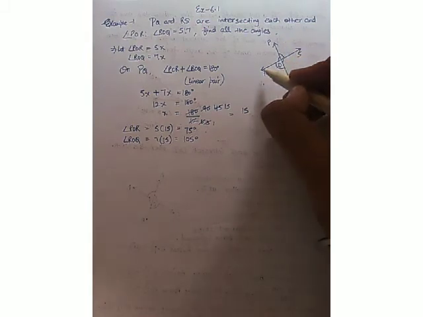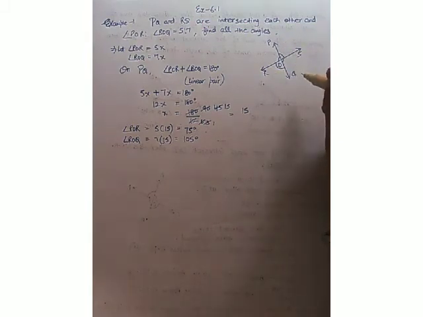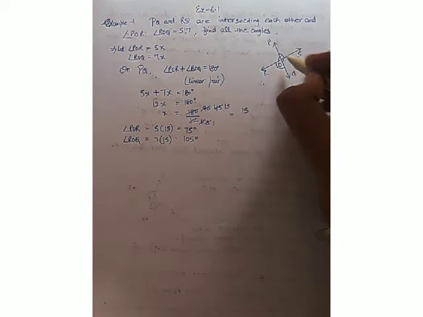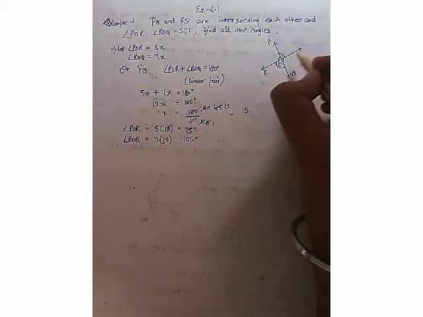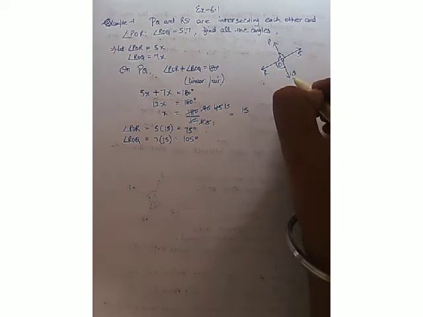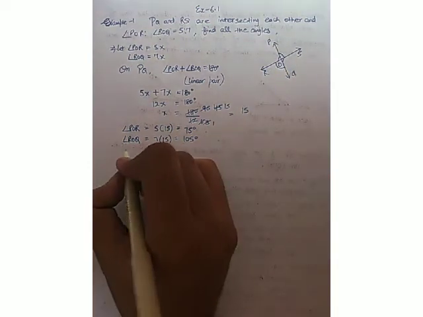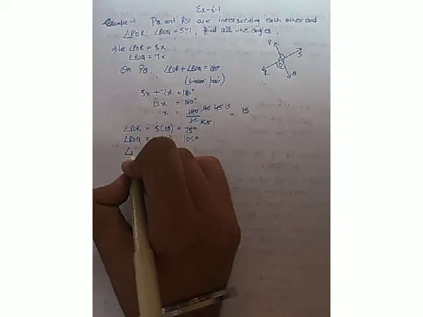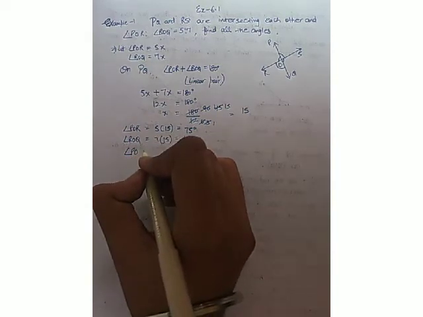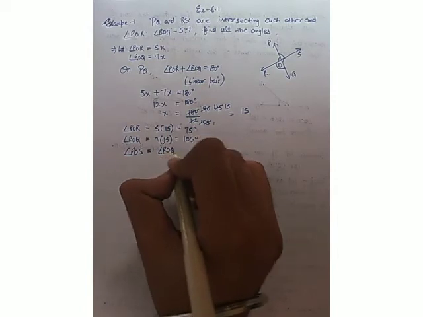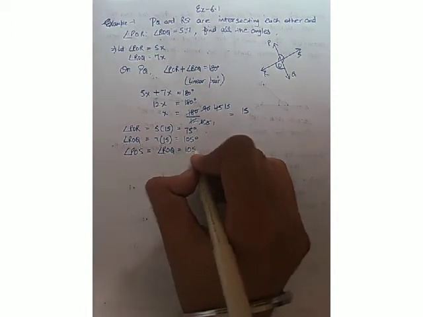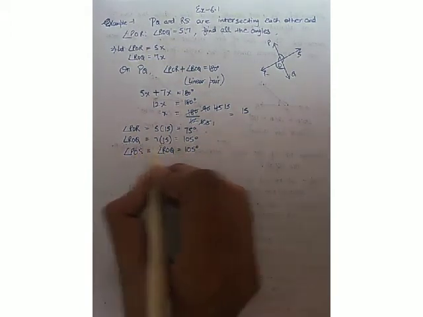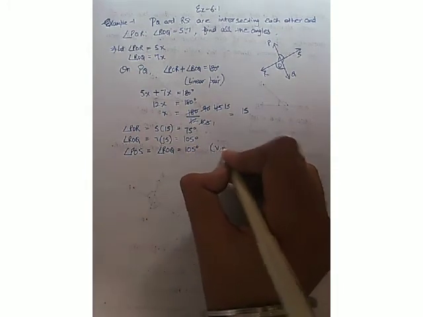Now we have found POR and ROQ angle, and still POS and SOQ are unknown. So POS is vertically opposite to ROQ, so it will be the same. POS will be equal to ROQ, which will further be equal to 105 degrees, because ROQ is 105 degrees. Why? Because these are vertically opposite angles.